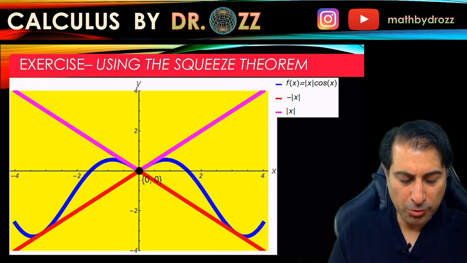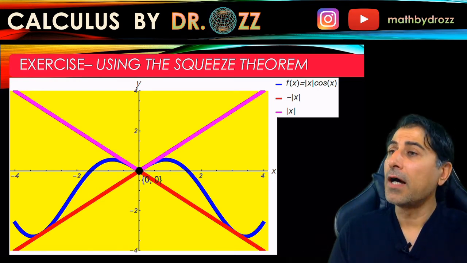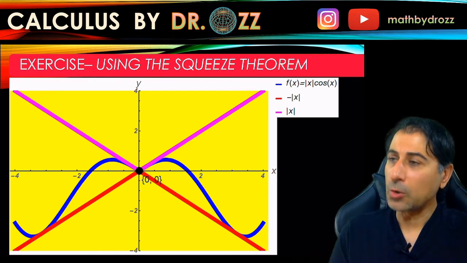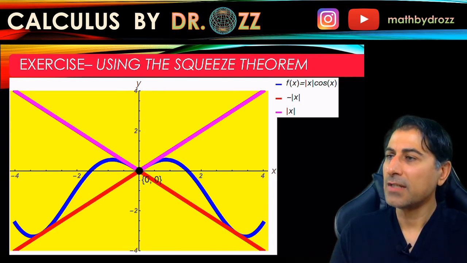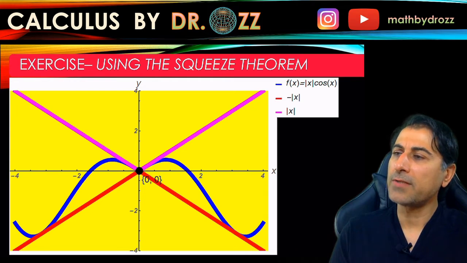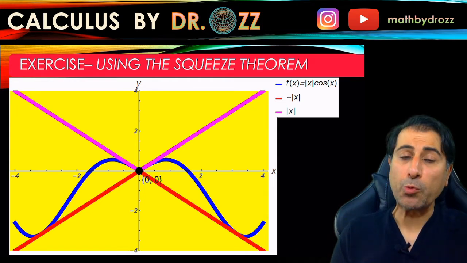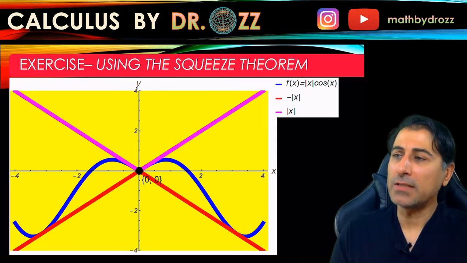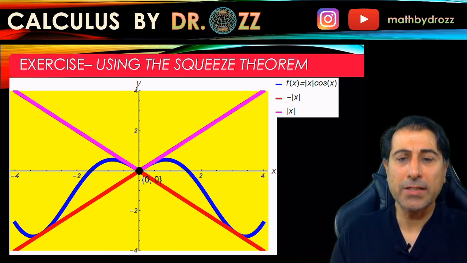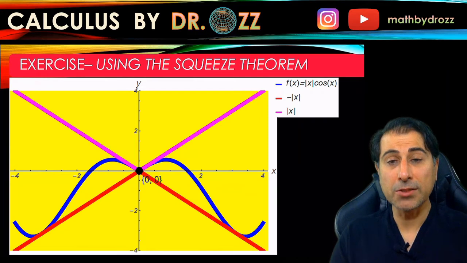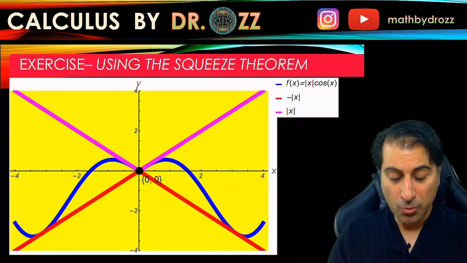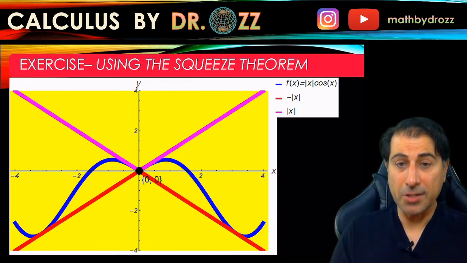I have the blue curve, that's f, absolute value of x cosine x, and I have the pink and red. One of them is absolute value of x, and the other one is negative absolute value of x. And as you see, the blue graph is sandwiched or squeezed in between the pink and red graphs. Not necessarily just around 0, but almost everywhere within the viewing window.